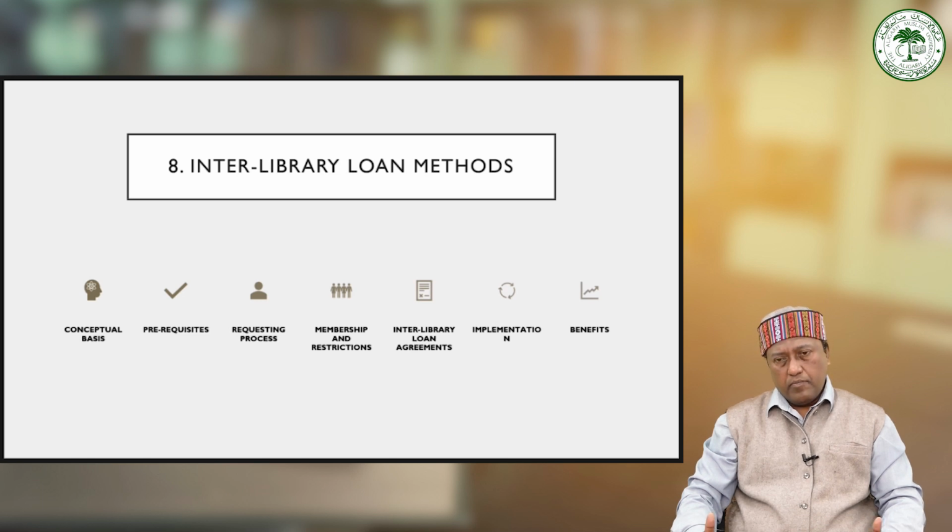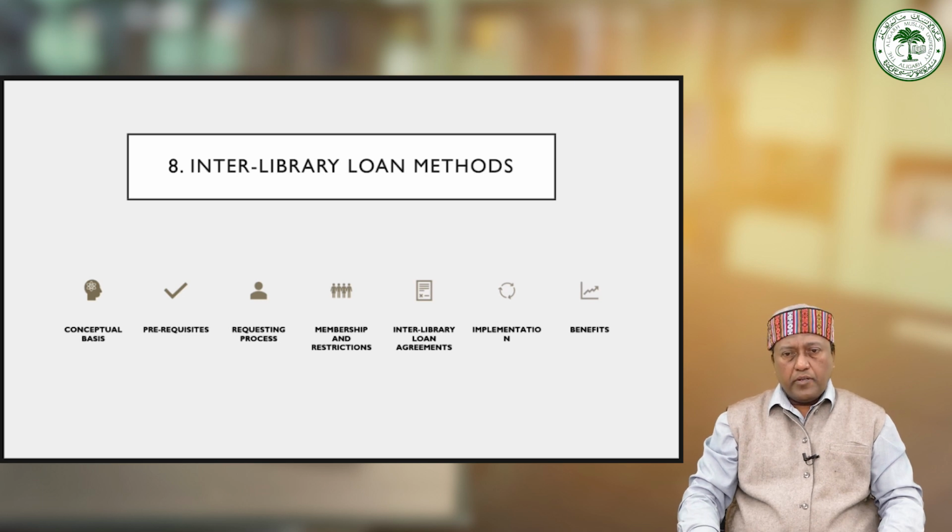So a delimitation can be decided that, okay, this much we will be sharing with the public and with the members of all the libraries, and this we will be sharing only with our own members. The library has to decide on an exclusive collection which will be used only by the members, and they can demarcate a particular size of the collection that they keep exclusively for all the members of the library. So that can be done.